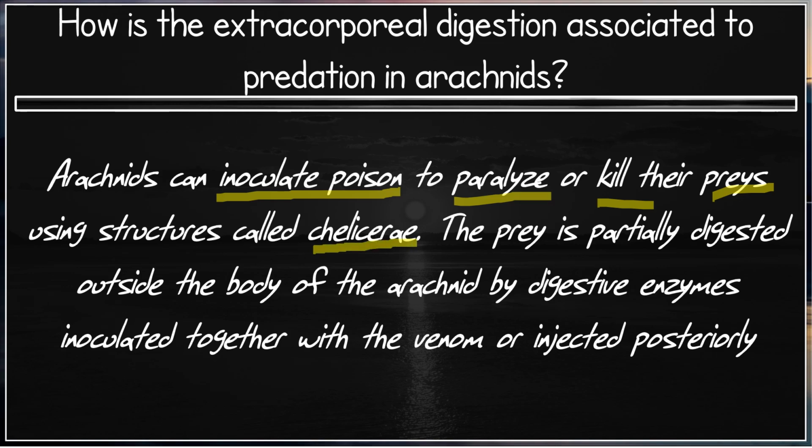The prey is partially digested outside the body of the arachnid by digestive enzymes, inoculated together with the venom, or injected posteriorly.